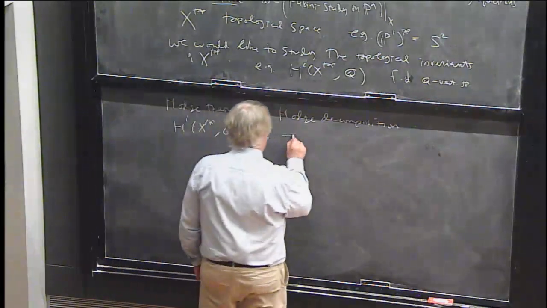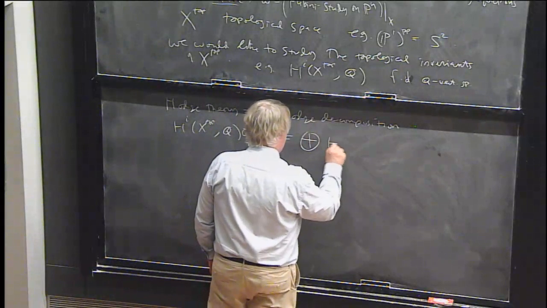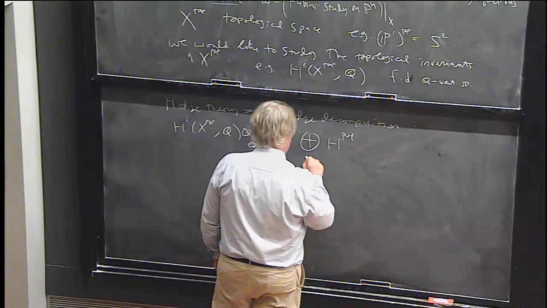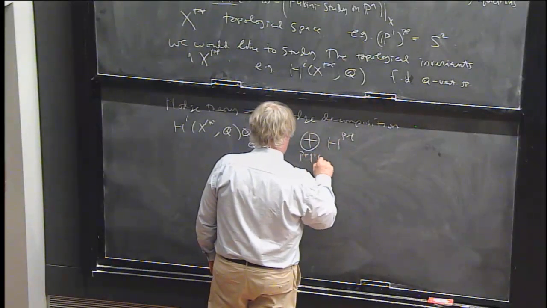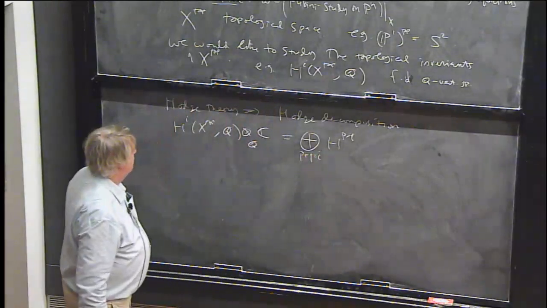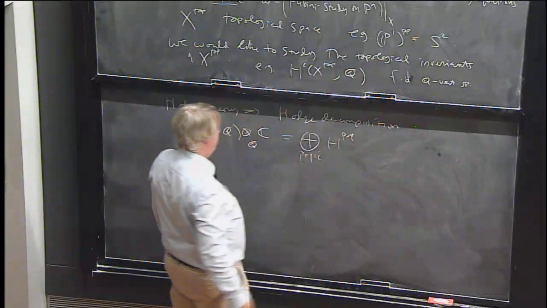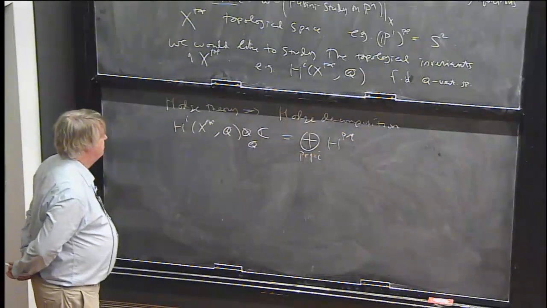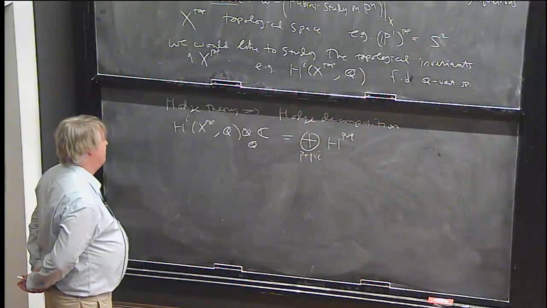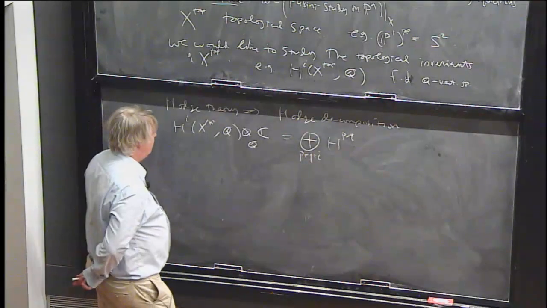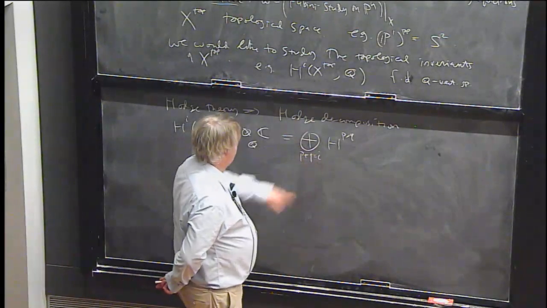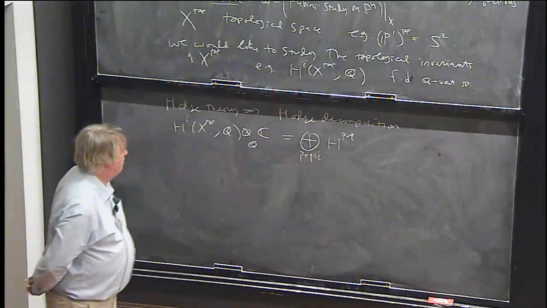And the Hodge decomposition is that this is a direct sum of H^{p,q}. There's really only one index in this direct sum, but we usually use two indices for reasons which might become clearer later. So it's a direct sum over p plus q equals i of things called H^{p,q}.